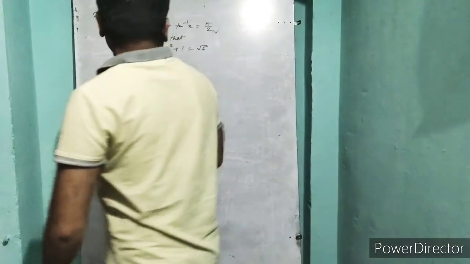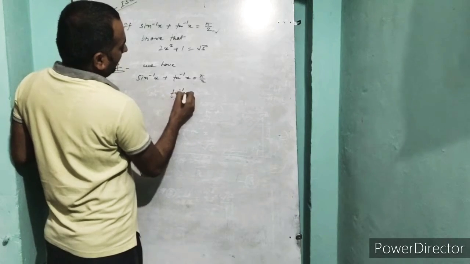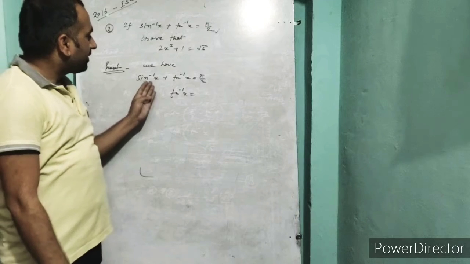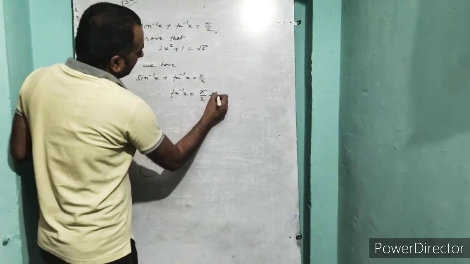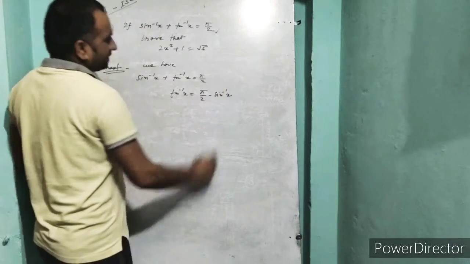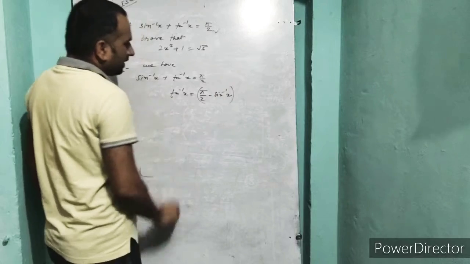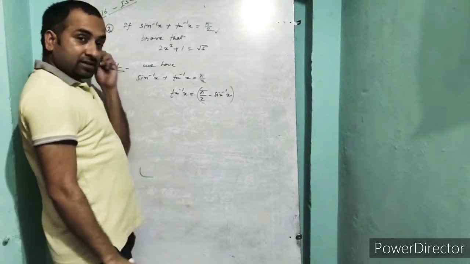Can you tell me what is the value of tan inverse x? We will transpose sine inverse x. This is pi by 2 minus sine inverse x.